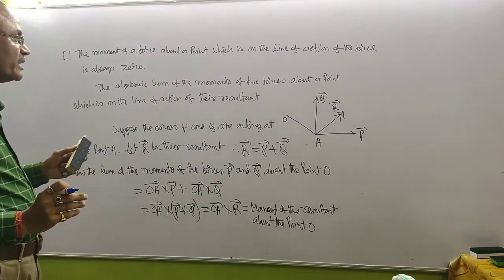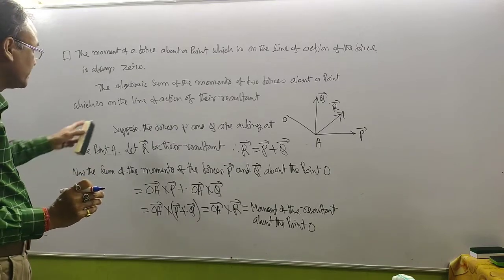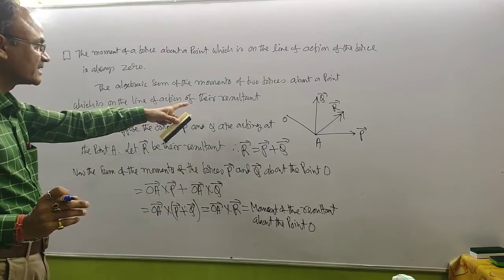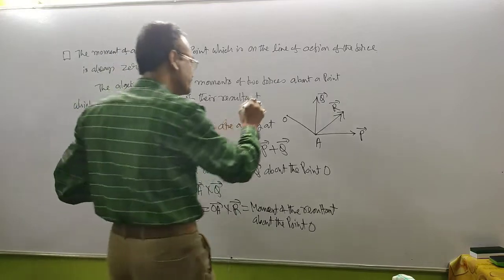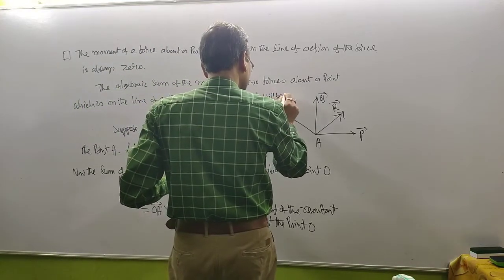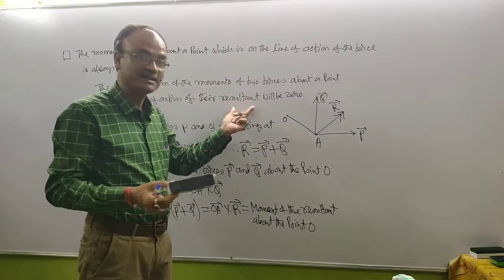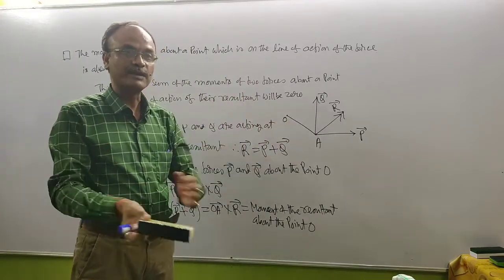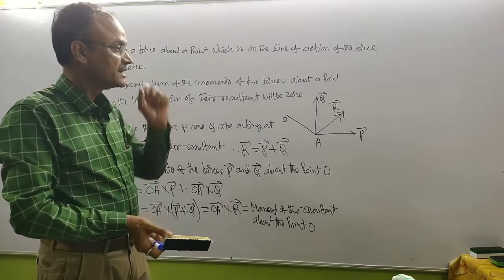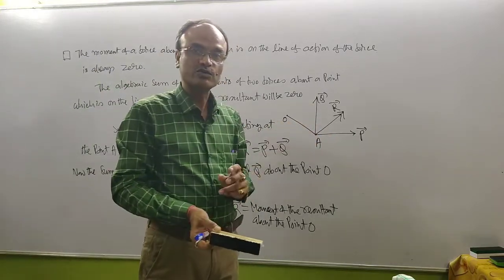The algebraic sum of the moments of two forces about a point which is on the line of action of their resultant will be 0, because the moment of the resultant about that point is 0. Therefore, by Varignon's theorem, the algebraic sum of the moments will also be 0.